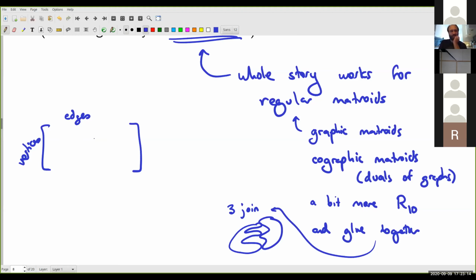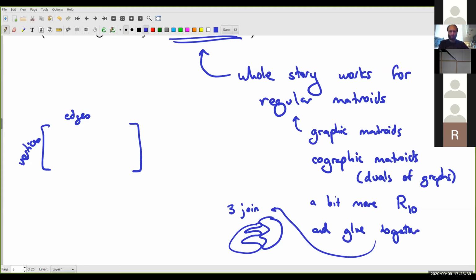And you could write down a matrix like that, but not every matrix is necessarily interpretable as the incidence matrix or the signed incidence matrix of some graph. But as long as it's totally unimodular, so all the subdeterminants are 0, 1, or -1, then it's going to give you a regular matroid. And that gives you enough space to take all the duals you could possibly want.